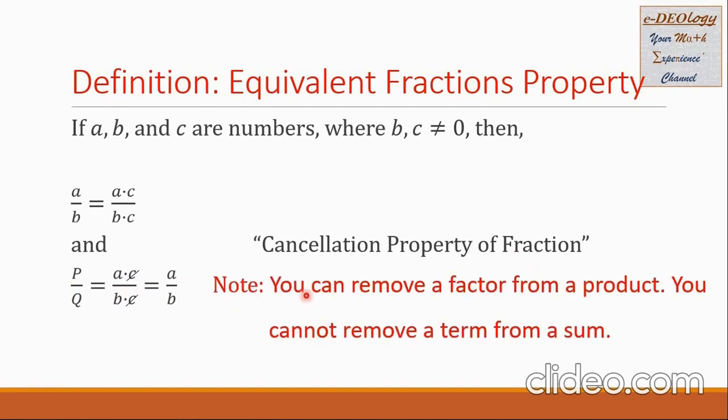There is a note: you can remove a factor from a product. You cannot remove a term from a sum. Later on the video, we will see the meaning of this note.